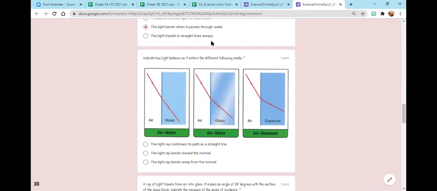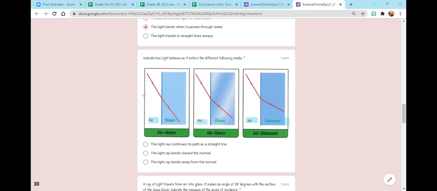Indicate how light behaves as it enters the following different media. From the air to the water. Then from the air to the glass. And then from the air to diamond. We should draw the light ray toward the normal.